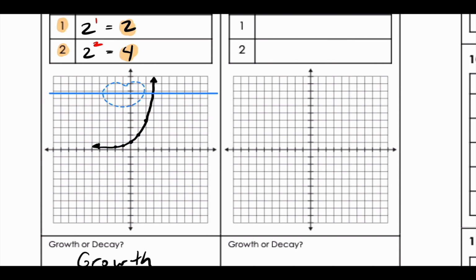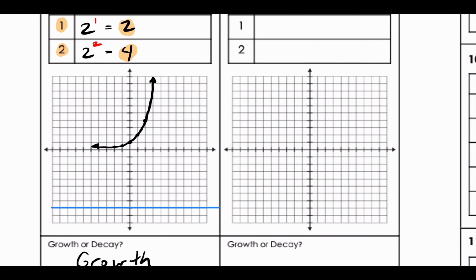Would the line be up here? No, that's not the bottom. How about down here? That's too far down, right? Where would it be?